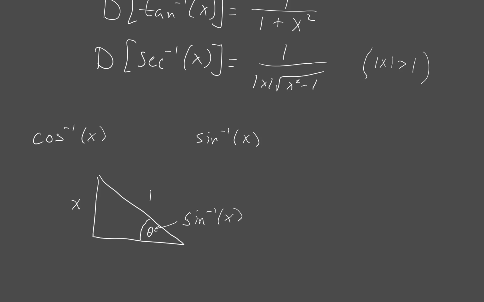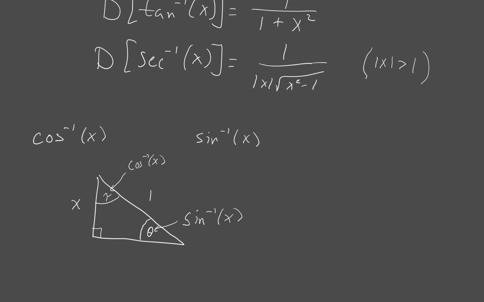That's the angle. If I take the sine of this angle, it gets me to x, right? This angle here, I'm going to call it not theta, but let's call it tau. This angle would be the angle that gives me the cosine inverse of x. So this is the cosine inverse of x, right?